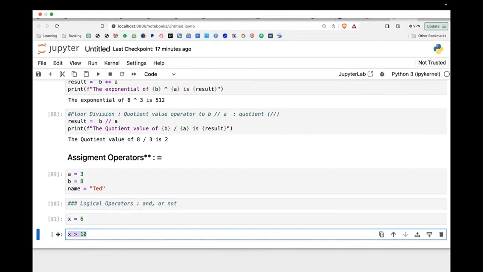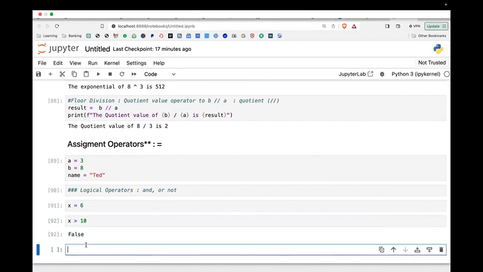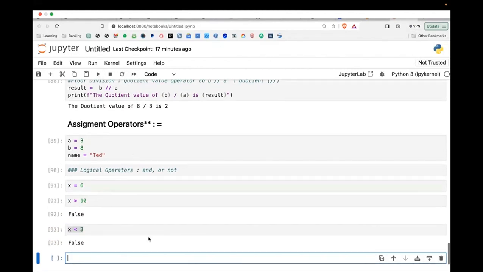False. If you run it here, you can see the answer. If I write X is less than 3, it would also be false, right?